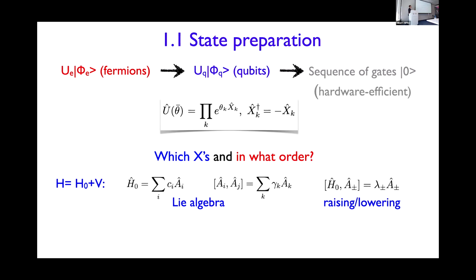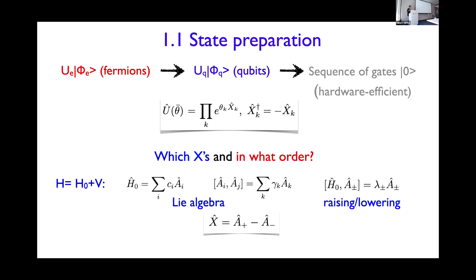But more formally, you can always create raising and lowering operators once you have Lie algebras. These are like the raising and lowering operators of a harmonic oscillator, but could be a little more complicated because the algebras could be different from the ones represented in the harmonic oscillator case. Then X is really a linear superposition of creation, raising and lowering operators that makes X anti-Hermitian. That's what we need.